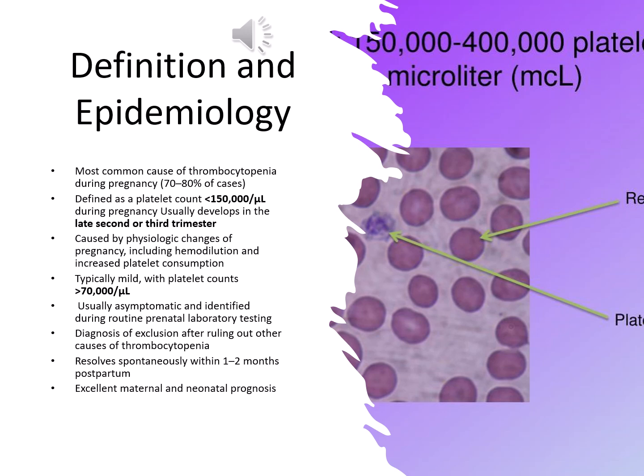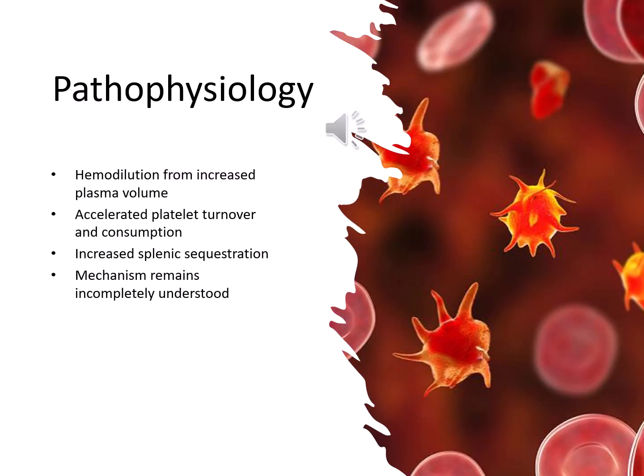Most women are asymptomatic, and the diagnosis is often made incidentally during routine prenatal lab testing. The prevalence of gestational thrombocytopenia is estimated to be approximately 5 to 10% of all pregnancies.